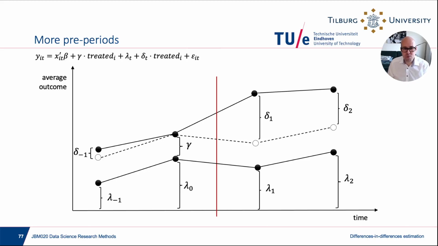Alternatively, one could impose that all the deltas pre-treatment are 0 on average. That would mean that my baseline is not the last period pre-treatment, but the average period pre-treatment in terms of the differential time effect, which is denoted by delta t in this specification.